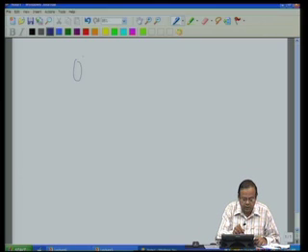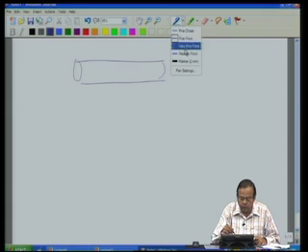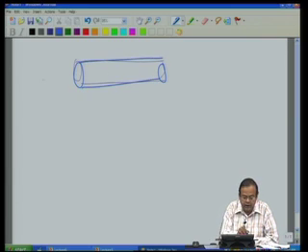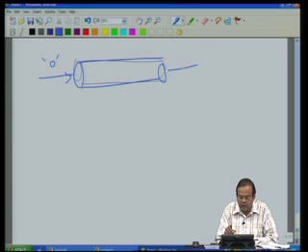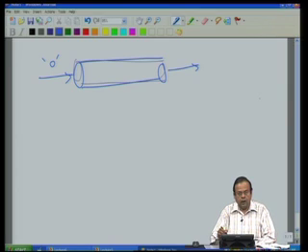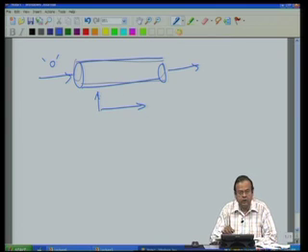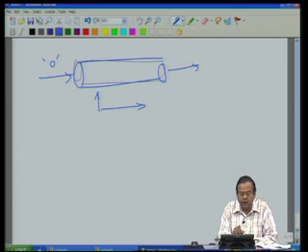So, let us say that this is our reactor, and there is an entry point, everything we denote with subscript 0, and there is an exit point. Now, in this tubular reactor there are two directions, one is the axial direction and the other is the radial direction. The axial direction is the direction of the flow. So, material is flowing in from this entry point up to the exit point.